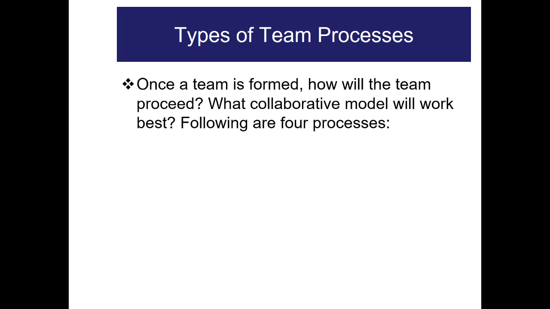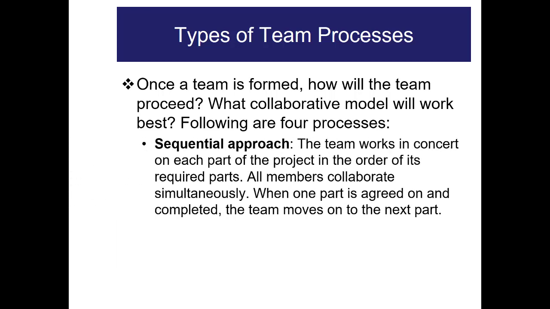Okay, for the types of team processes that we go through, there are mainly four processes that we can use. You can use the sequential approach. In the sequential approach, a team works on each part of the product in order, and all members collaborate simultaneously.